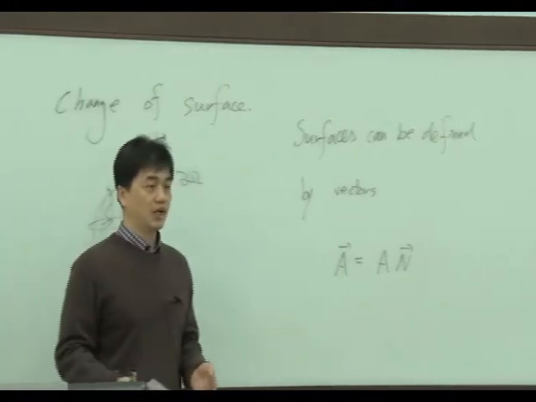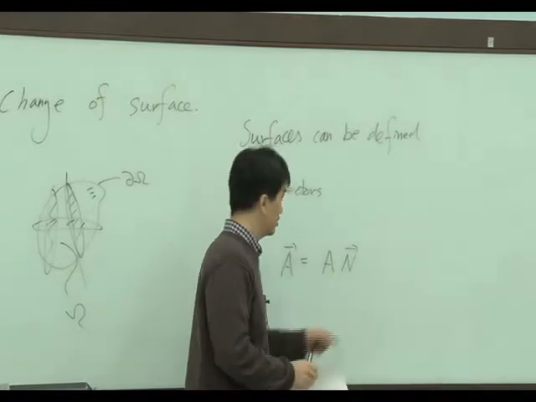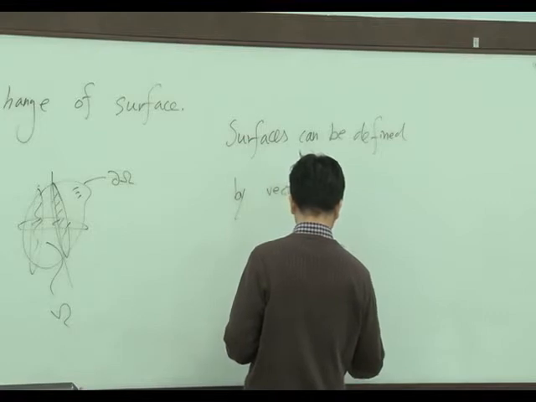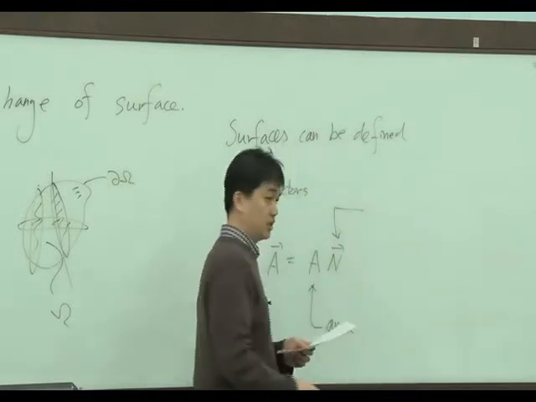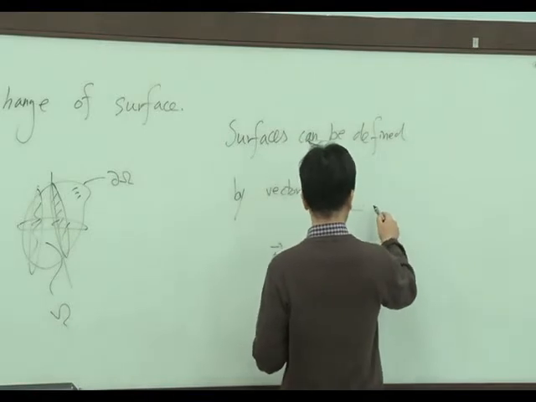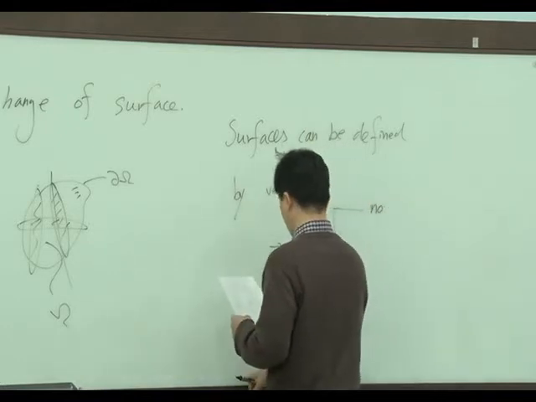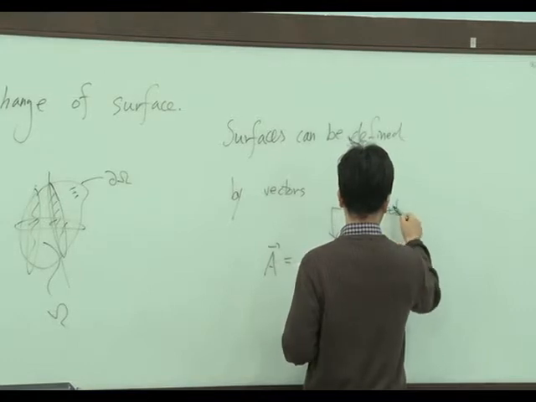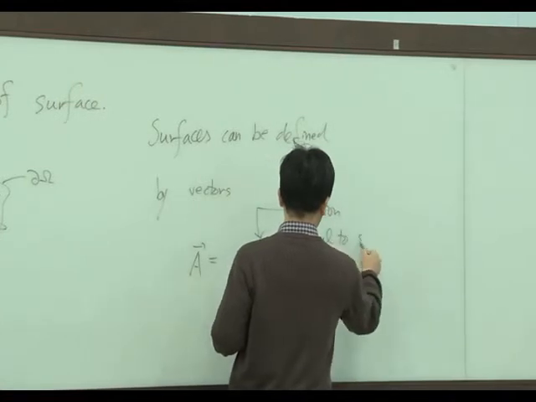Surface can be defined by a vector, which has a magnitude and direction. Magnitude means area, and direction means the direction normal to the surface.